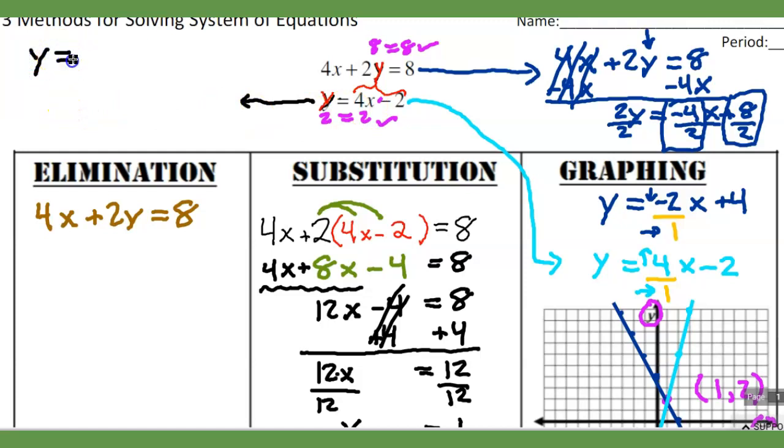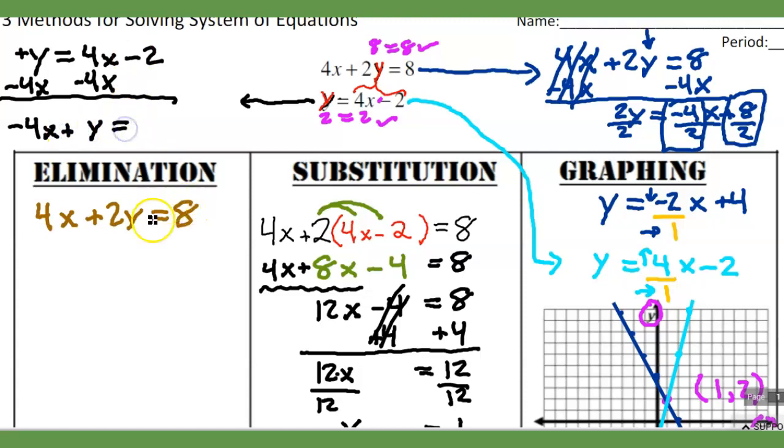So if we want to use this for elimination, notice how x and y are both on the left. Here, x is on the right. So we can just subtract that, move it over to the left. And now we do have x on the left. This is a positive y, so just plus y. And on the right is just the number. Since this cancels out, you're just left with -2.